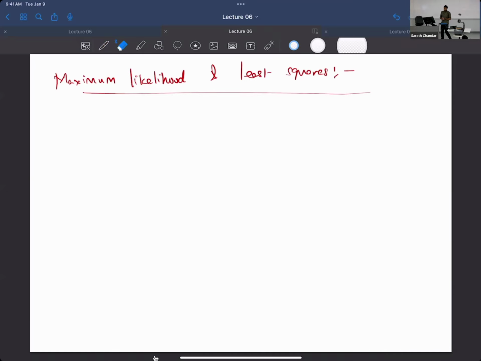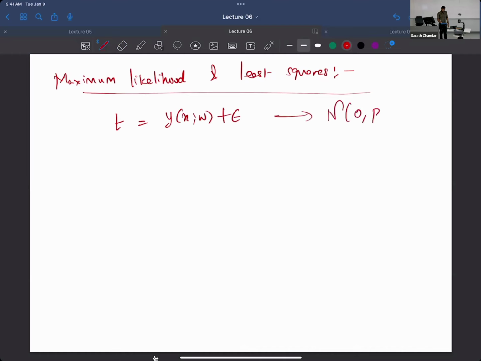So now we are going to take a probabilistic view. I'm going to say that the target for regression is y of x given w, the deterministic part, plus some epsilon. This epsilon is a Gaussian with zero mean and beta inverse variance, or beta precision.